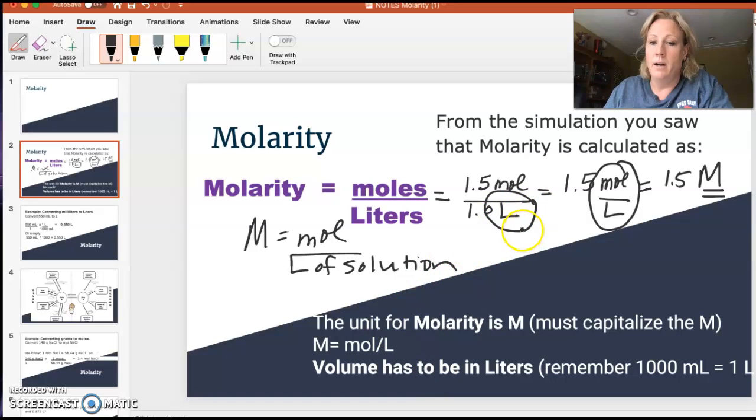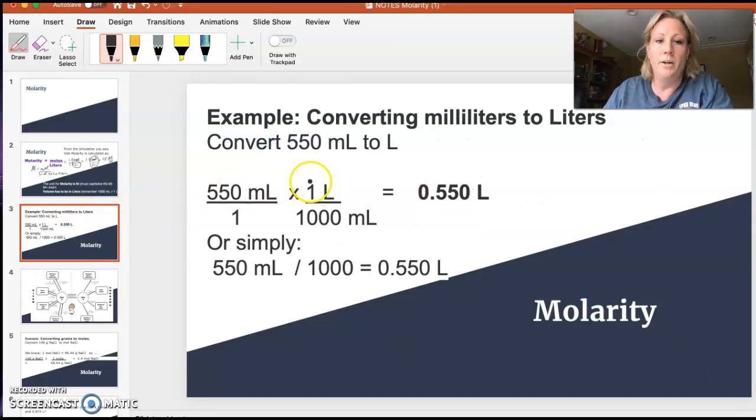So in our calculations, there's times where your volume could be in milliliters, and I'll show you how to do one of those conversions. So here's an example, if I had the volume in milliliters. I have the work below, but I just want to show you. If you remember, we can do this with dimensional analysis.